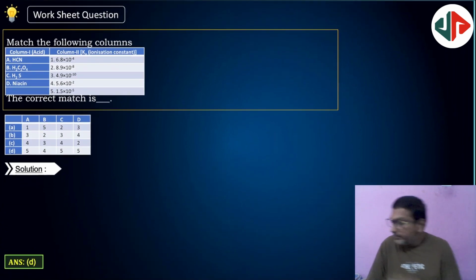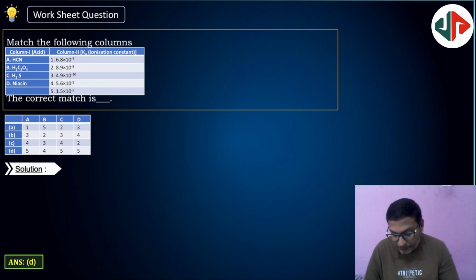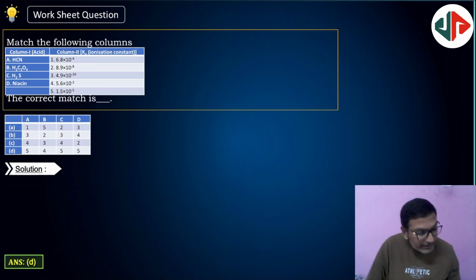Here also it is very important. In column 1, different compounds are given with corresponding Ka values. Here in option D, it should be 3, 4, 2, 5. Here 2 must be there.